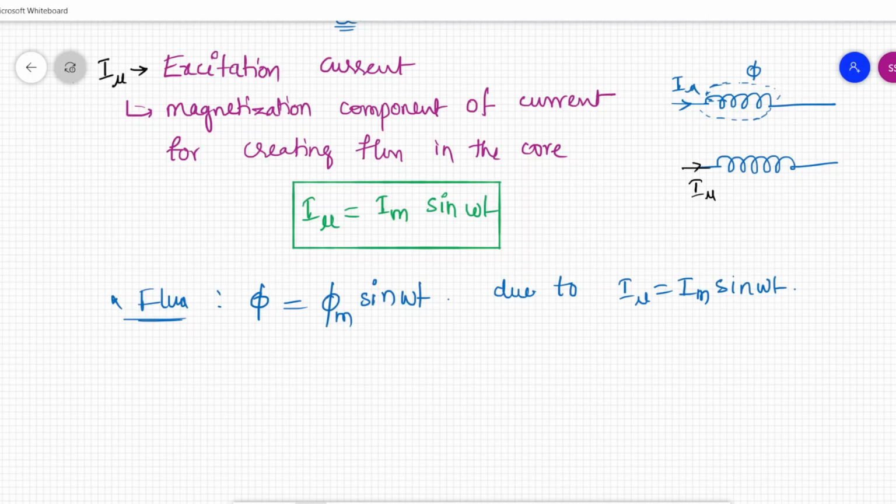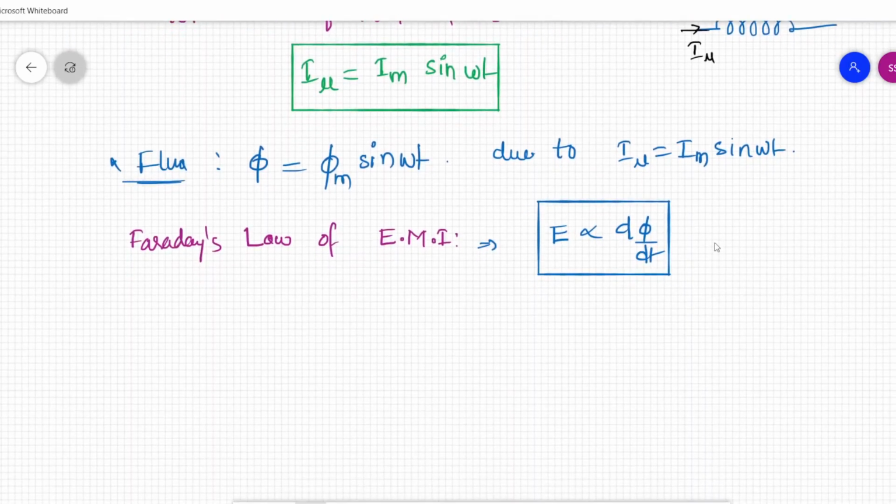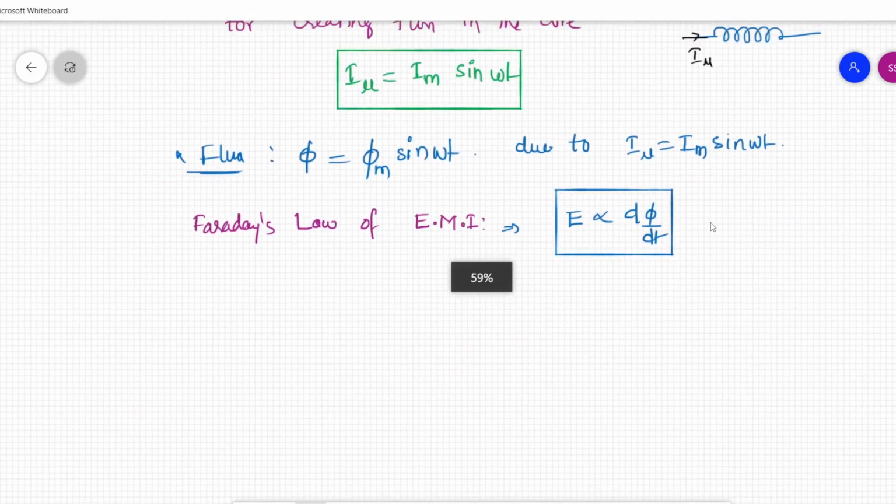Now here comes our Faraday's law of electromagnetic induction, EMI. So what is it saying? It is saying the EMF generated is proportional to the rate of change of flux linkage. So this was the definition. This was the mathematical expression for Faraday's law of electromagnetic induction.